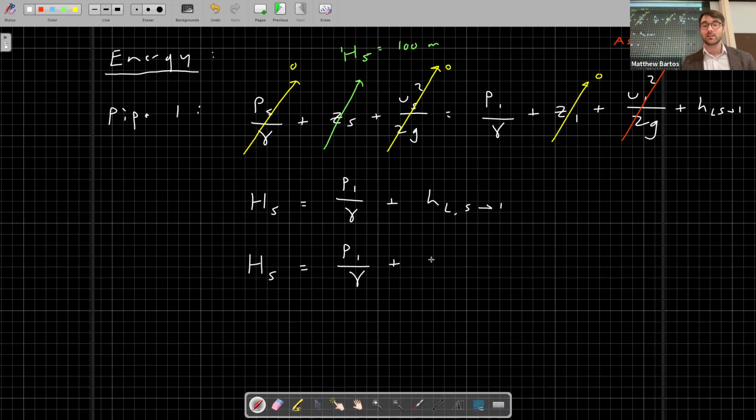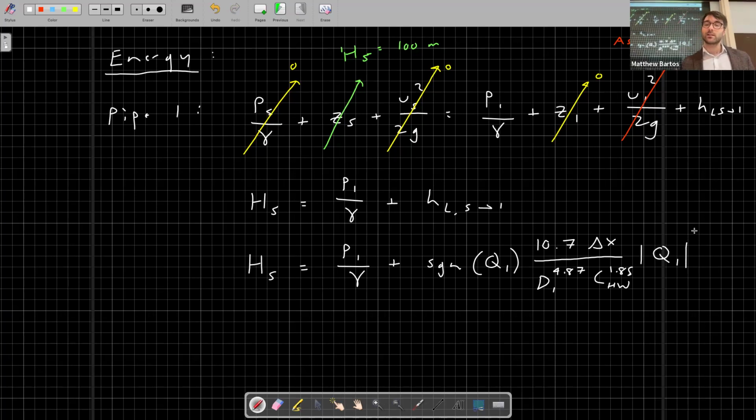This should be the sine of Q1 times 10.7 times delta X divided by D1 to the 4.87 power, divided by the Hazen-Williams coefficient to the 1.85 power, times the absolute value of the discharge in pipe 1 to the 1.85 power.